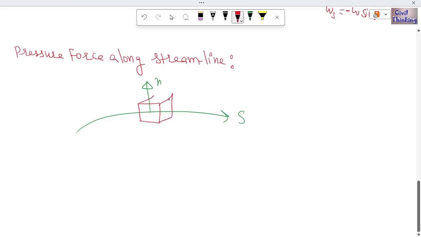Let us say along the streamline this dimension is delta S. Now delta Y is the dimension of this cubic fluid element perpendicular to the screen or the paper page. And along the normal, the dimension is, for example, delta n.